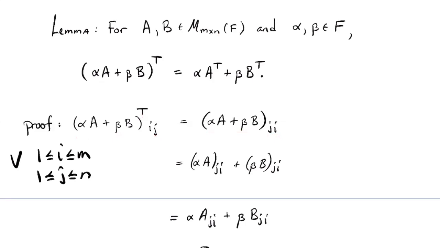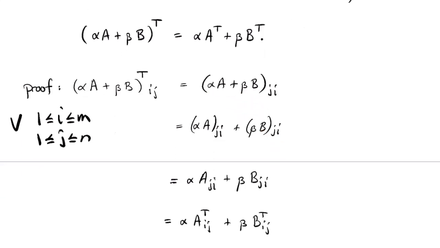And then by the definition of matrix addition, when you take the ji entry of a sum, you take the ji entry of each matrix individually and add them together. That's how we add matrices. And likewise, by the definition of scalar multiplication, the ji entry of alpha A is just alpha times the ji entry of A. So it looks like I'm just manipulating symbols around here, but each one of them is justified by the definitions.